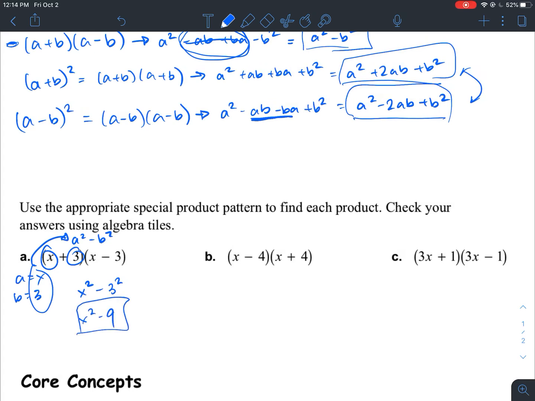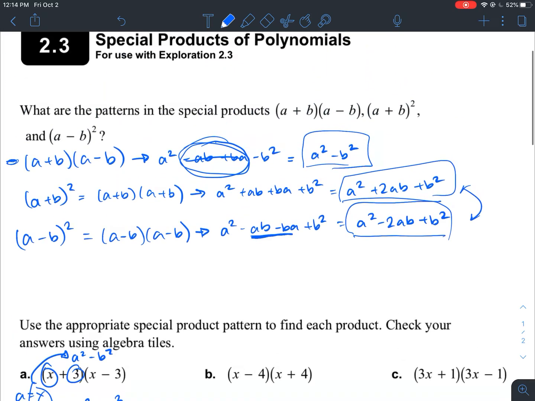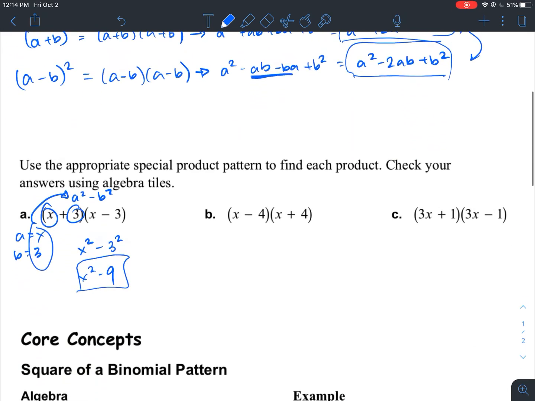Okay, so we just used a shortcut, right? Because we already know from up here what it should look like. Okay, now for b, it's the same thing. We notice here that these are similar polynomials, just that the operation inside is different. Okay, so we know that it should look like a squared minus b squared.